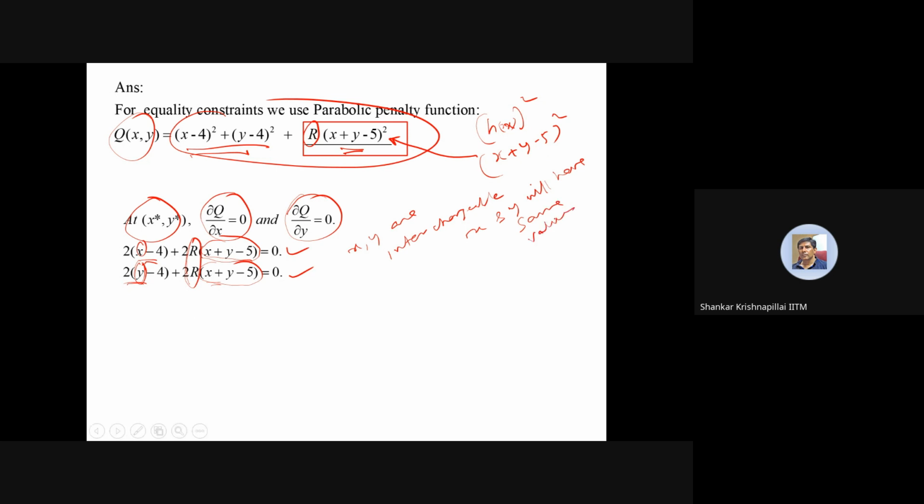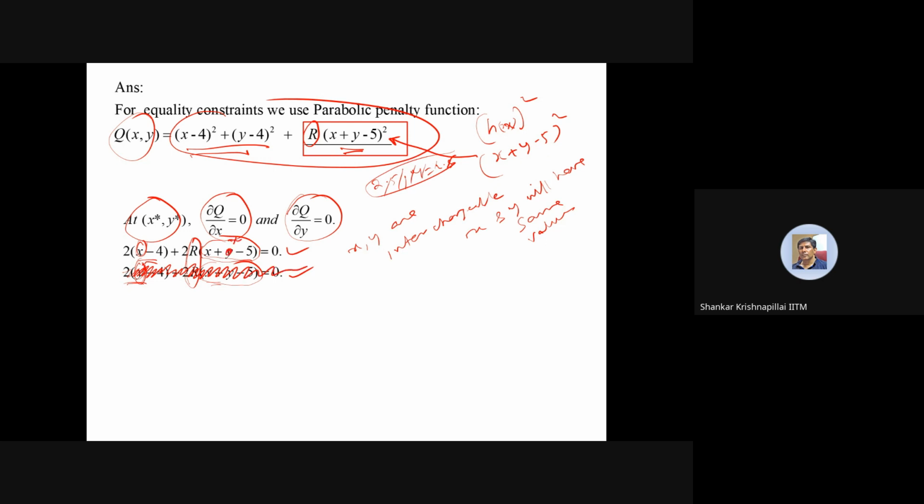That is also clear from the graphical method solution, x equal to 2.5, y equal to 2.5. But now we assume this is unknown. So how can you find the value of R? Since x and y have to be the same, because these two equations are mirror images of x and y, we can remove one equation and put x instead of y.